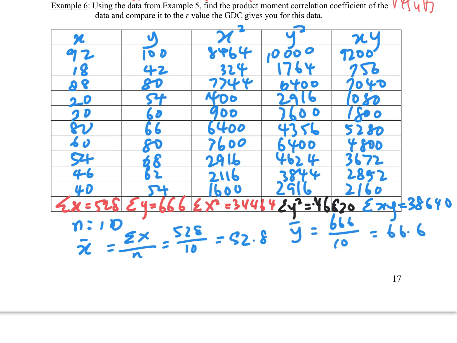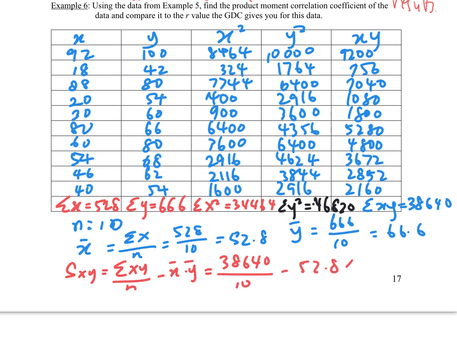And we have Sxy, which will be the sum of x times y divided by n, minus the mean of x times the mean of y. So it will be 38,640 divided by 10 minus 52.8 times 66.6. I end up with 347.52.